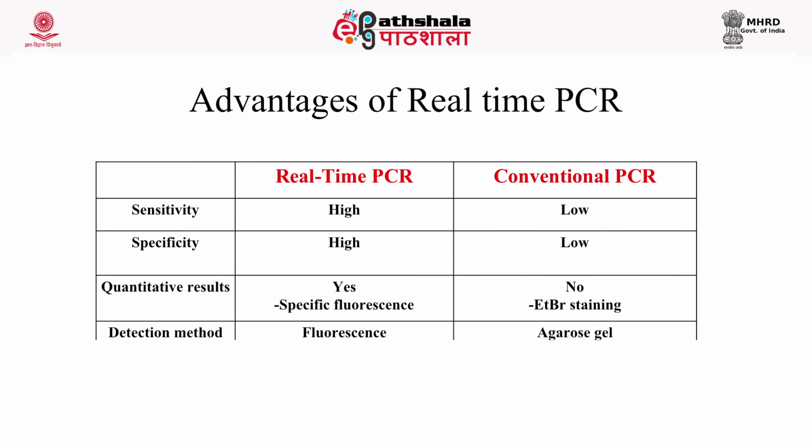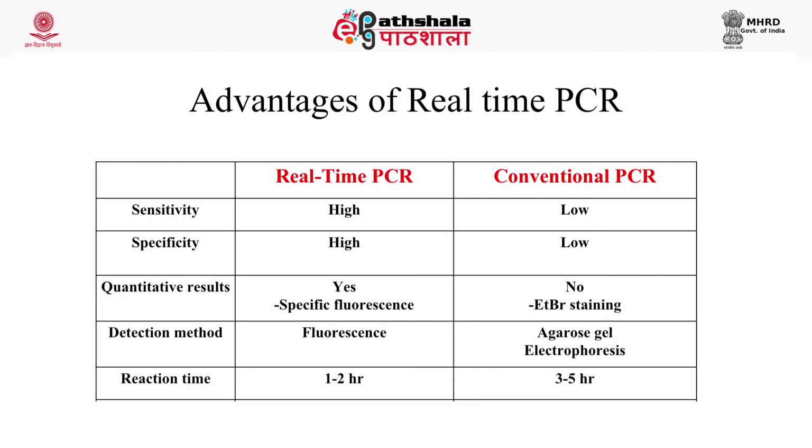Also, the detection method is fluorescence in real-time PCR, whereas in conventional PCR it is agarose gel electrophoresis. The reaction time is also very less in real-time PCR, that is 1 to 2 hours, whereas in conventional PCR it is 3 to 5 hours.